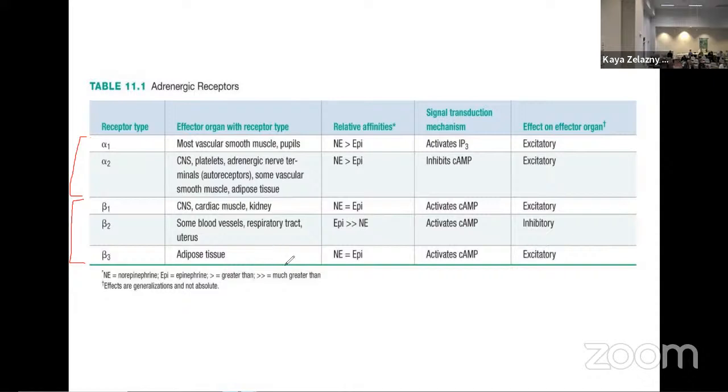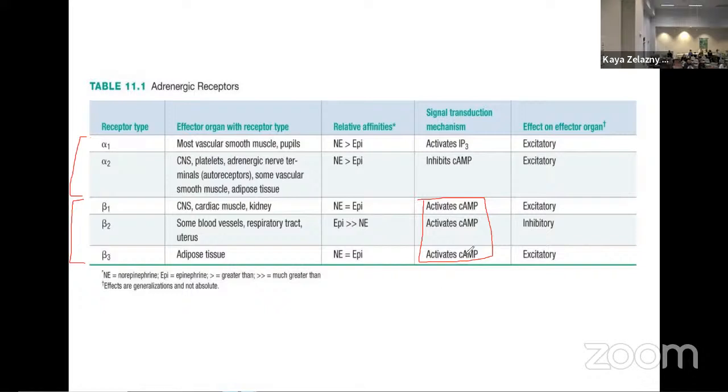So what we're going to notice about these alpha receptors versus our beta receptors, right? Every time we see a beta receptor, this 4th column is the same. Every single beta receptor activates cyclic AMP, abbreviated cAMP. That's a second messenger system inside the cell.